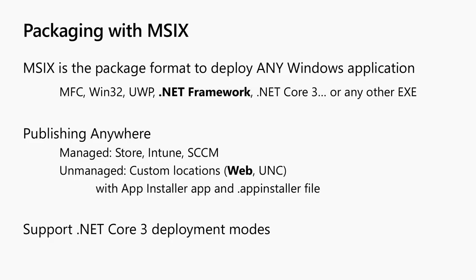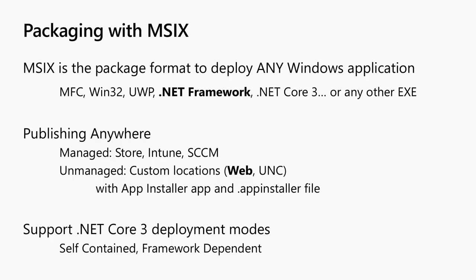This is the new version of desktop frameworks running on .NET Core 3, and the preferred and recommended deployment option is going to be MSIX. And .NET Core 3 has a couple of benefits here. One is that you can create self-contained applications, so your application can be deployed anywhere without requiring to install .NET before. But also you can configure framework-dependent deployments.